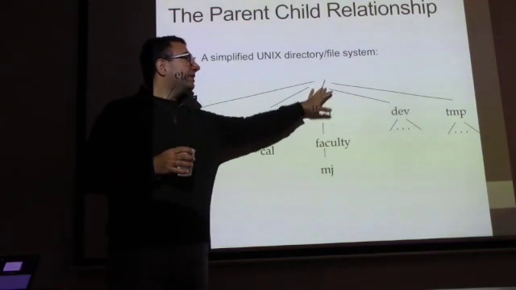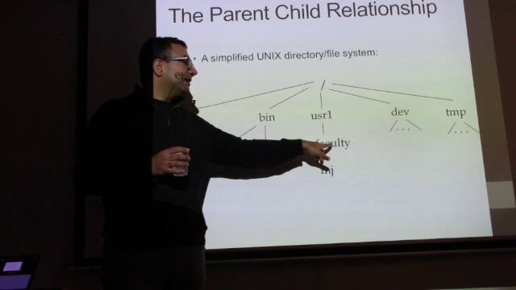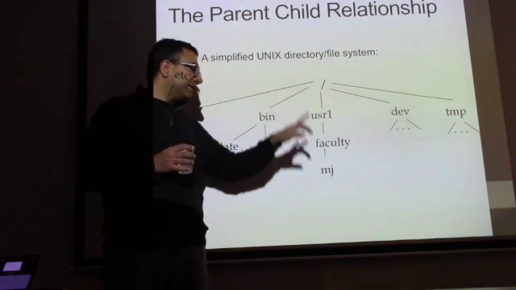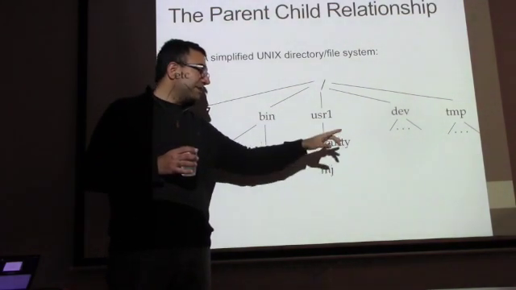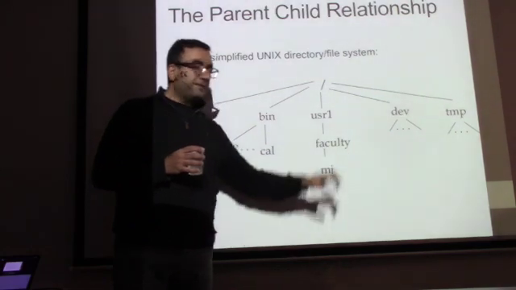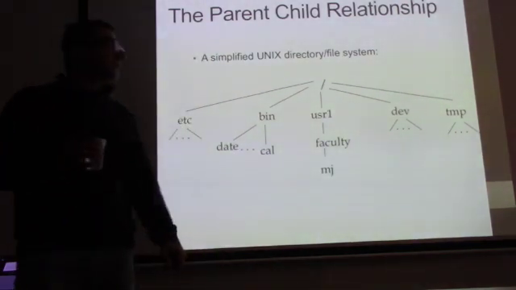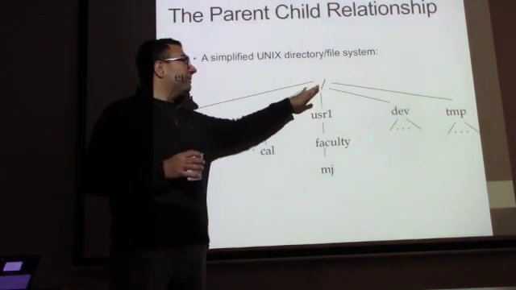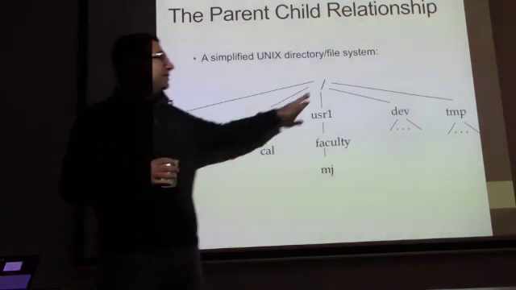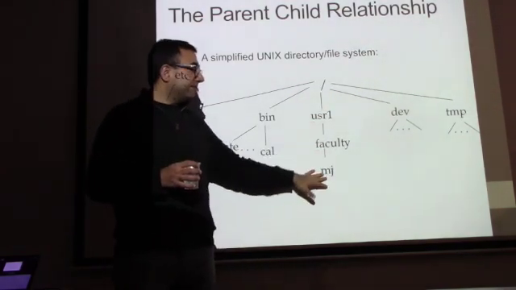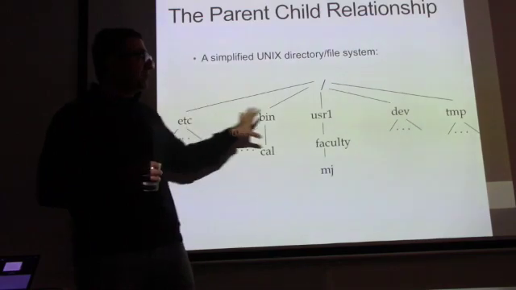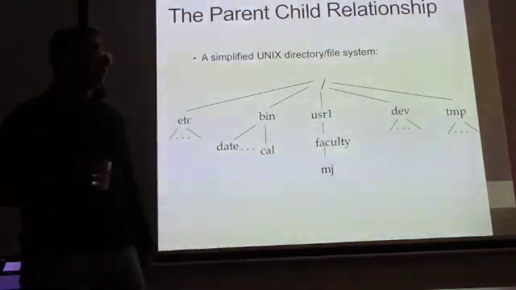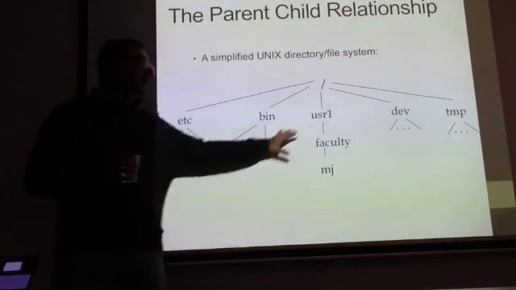Okay, so within your normal setup, you have your user directory. Let's say there's a folder for faculty. Within faculty, this guy, Michael Jackson, is a faculty member, so he has his folder. What I'm trying to say is that it's all very much like a tree structure with the root at the top, and everything else follows depending on what group you are in. So all users are under user.